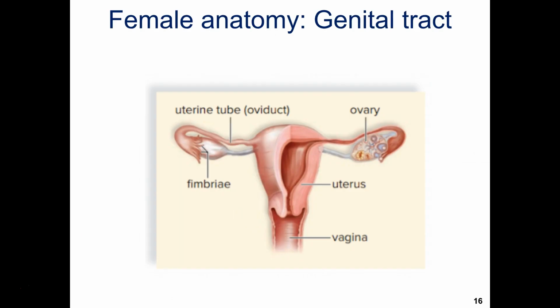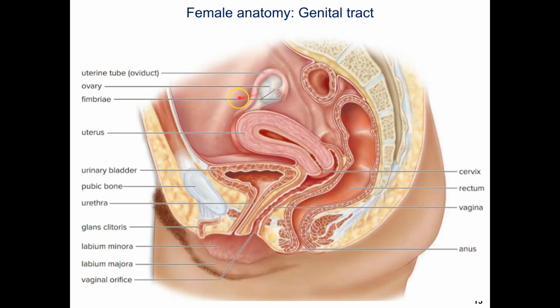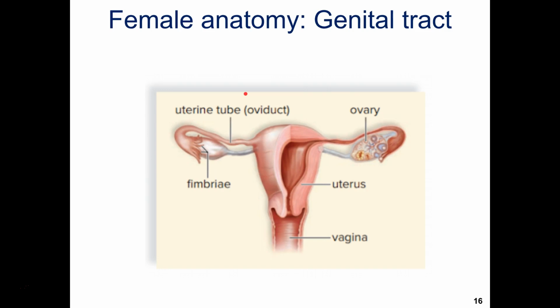And then this is just looking, so if you look back here, you've got the ovary, you've got the fallopian tube right here. This is just looking at a closer up view of that. So I just wanted to make very clear, here are your ovaries, right? This one's been cut in half so you can see what it looks like on the inside. And the egg is going to burst out of here or here.